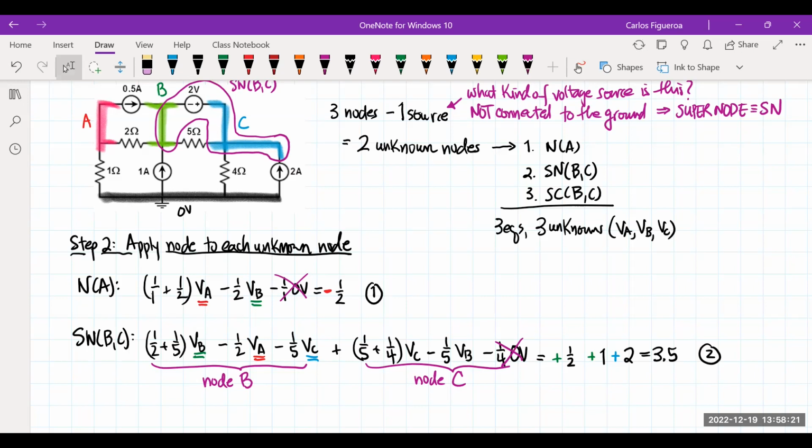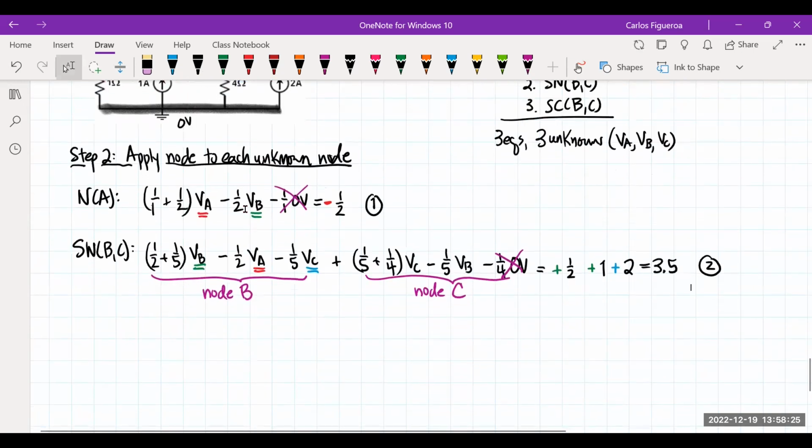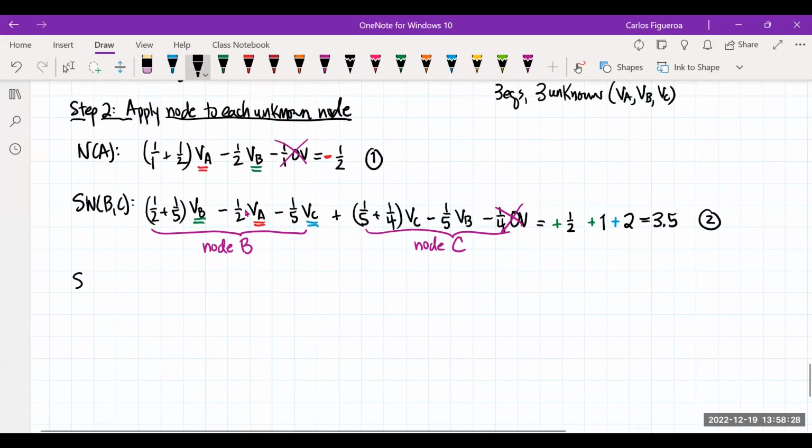There's something interesting that happens here. I'm going to say there's something interesting with the 5 ohm resistor.